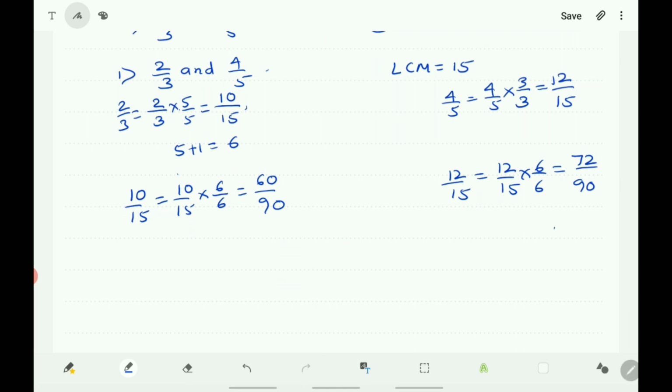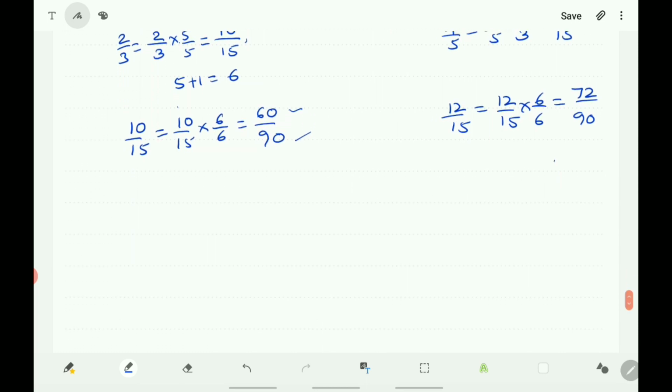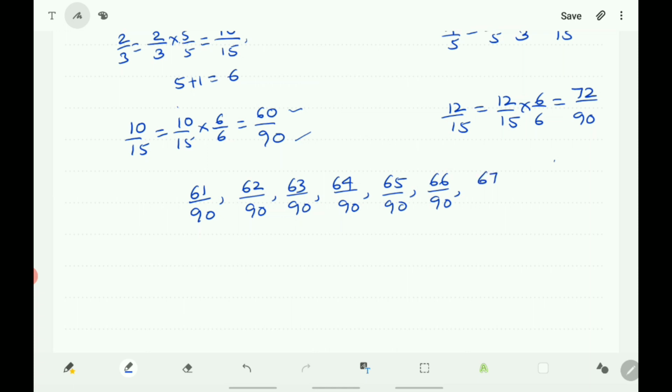And you know that 60 by 90 is nothing but 2 by 3, and 72 by 90 is nothing but 4 by 5. So you can write, the next one is 61 by 90, 62 by 90, 63 by 90, 64 by 90, 65 by 90, 66 by 90, 67 by 90, 68 by 90, 69 by 90, 70 by 90, 71 by 90.